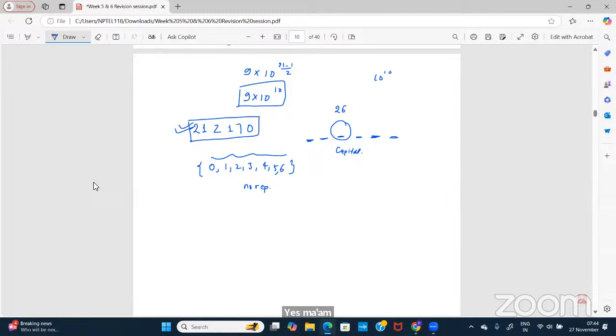Is anything mentioned about whether we can use zero here or not? It is not mentioned that we have to make a 6-digit number or a roll number like that.